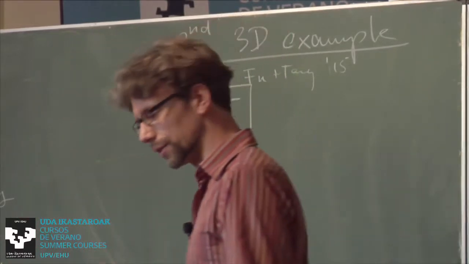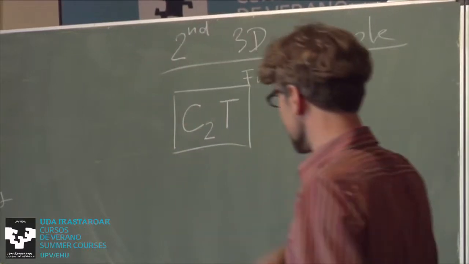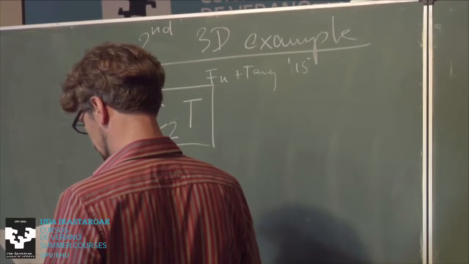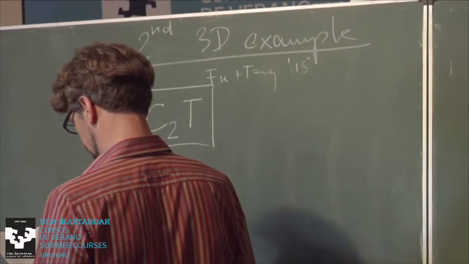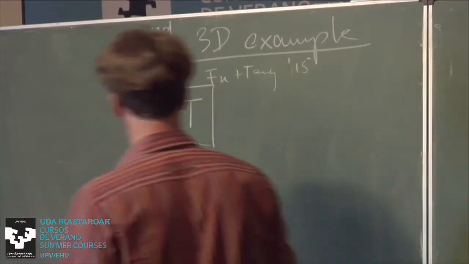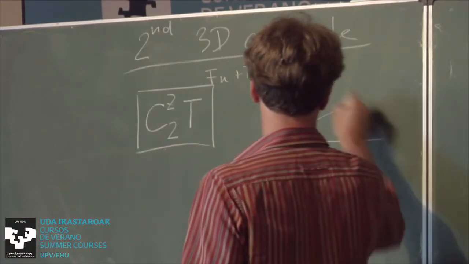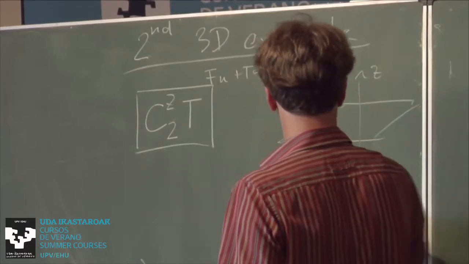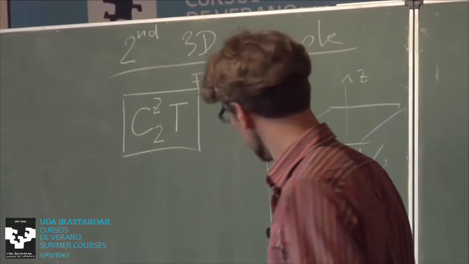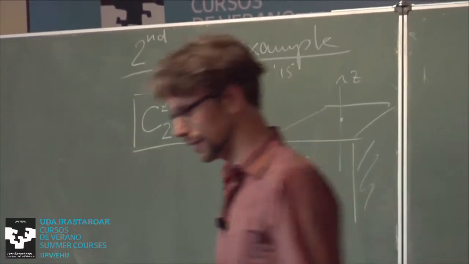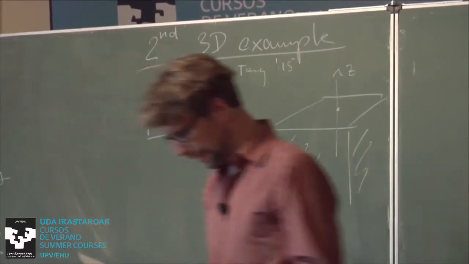I want to look at the surface that's invariant under a C2 rotation. Sorry, I changed my conventions, but before I get confused, I'll just use C2z now. So I'll look at the z surface of some system. This is the z direction, and I'll look at some system that's invariant under a C2z rotation times time reversal symmetry.